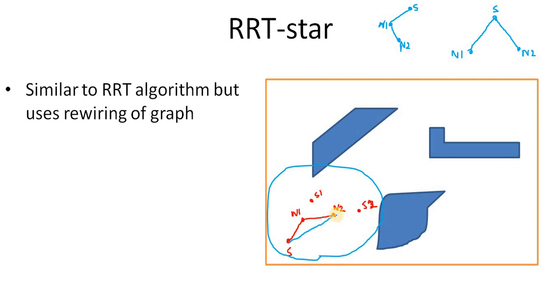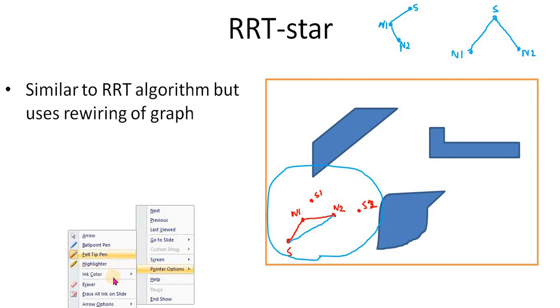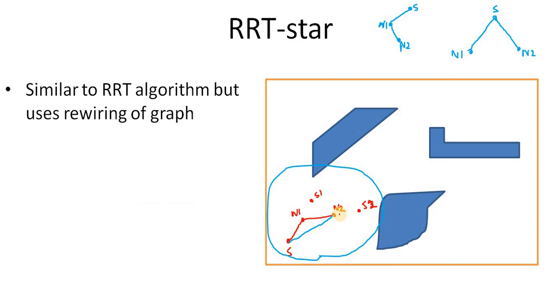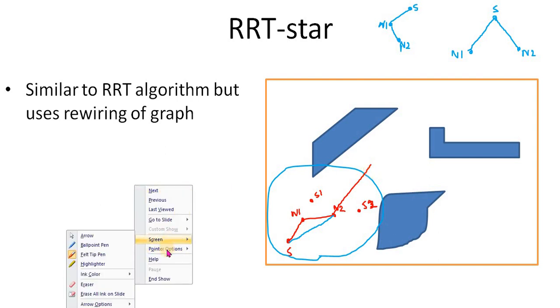So we keep repeating this process. For example, let's say our next node is S3, and in the S3 direction we have... Let's make it in this direction.